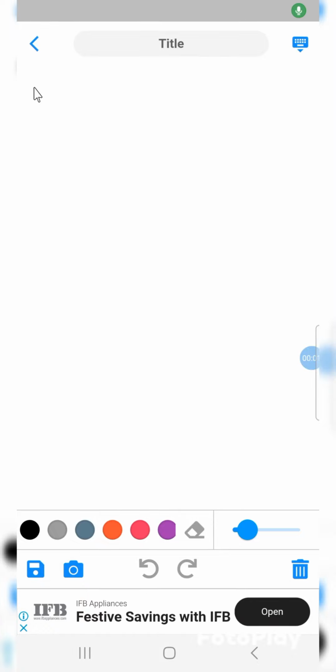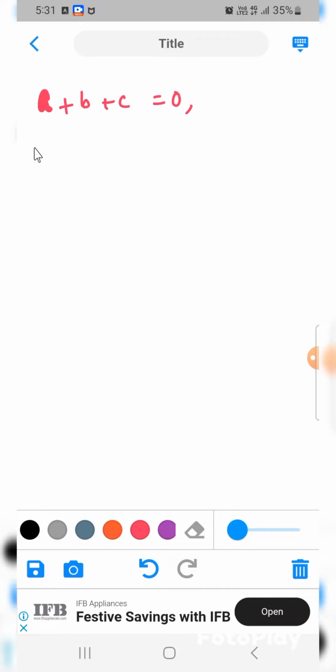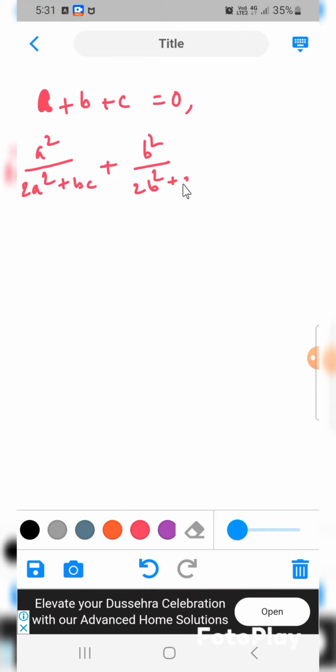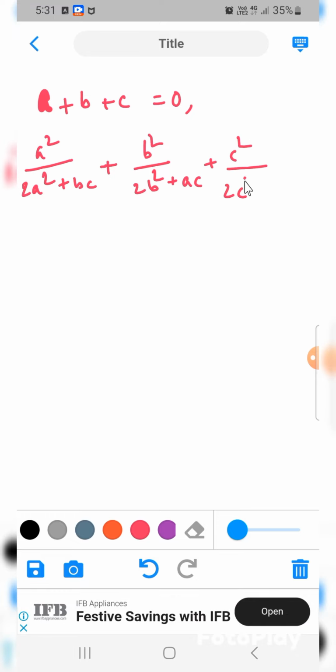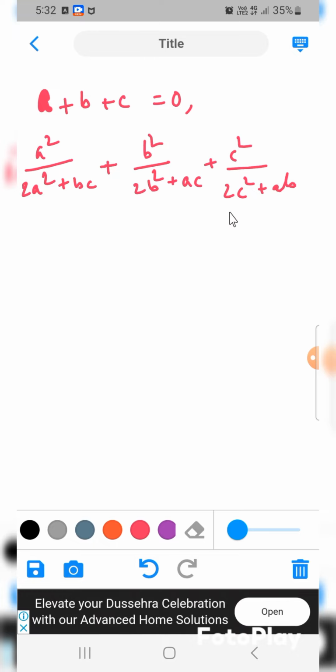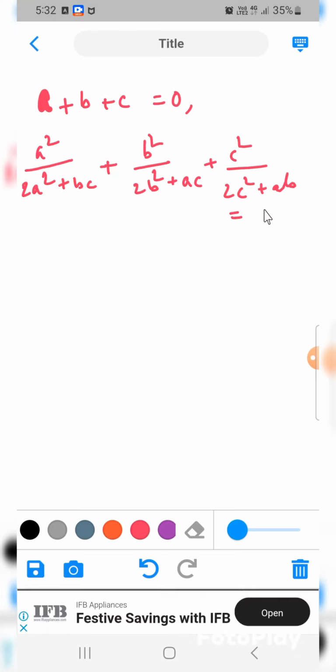Given a condition that A plus B plus C is equal to 0, we have to show that A square by 2A square plus BC, plus B square by 2B square plus AC, plus C square by 2C square plus AB is equal to 1.